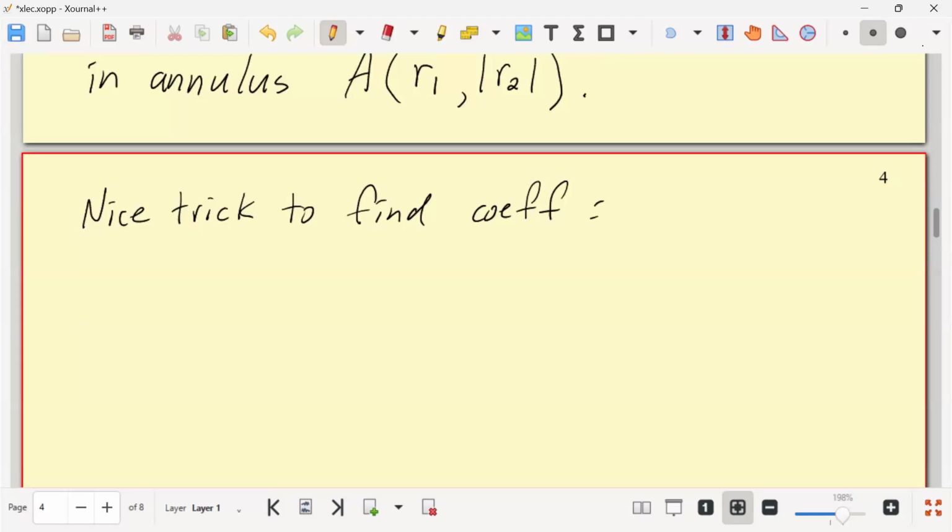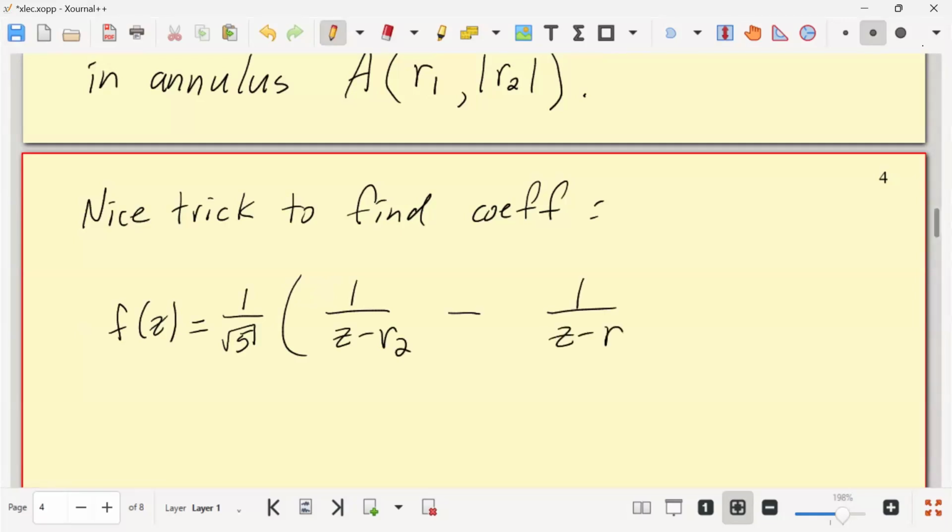So let's see, remember my function is 1 over the square root of 5, I'll put it in front, times 1 over z minus r2 minus 1 over z minus r1. And now I'm in this annular region, so I have that R1 is less than the modulus of z is less than absolute R2.